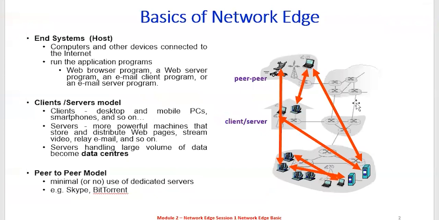We have already seen this kind of network in the previous video. The internet can be had in a home network, in a mobile network, or in an enterprise network. All these devices which we are connecting to the internet are called end systems. They are also called hosts or nodes.